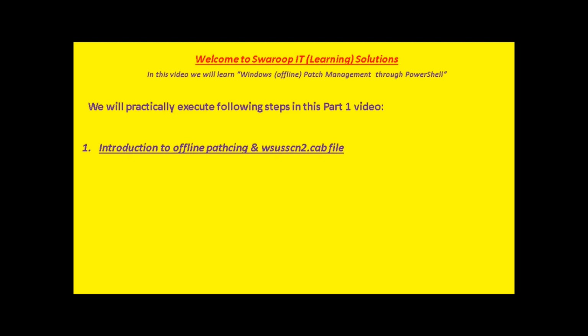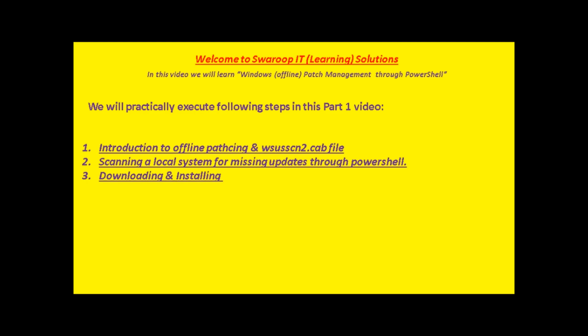What is the WSUS scn2.cab file? We will try to understand that. Then practically we will be scanning a local system for missing updates through PowerShell. We will see what output it is actually giving. And the third one is of course actually downloading and installing missing updates on the local system through PowerShell.